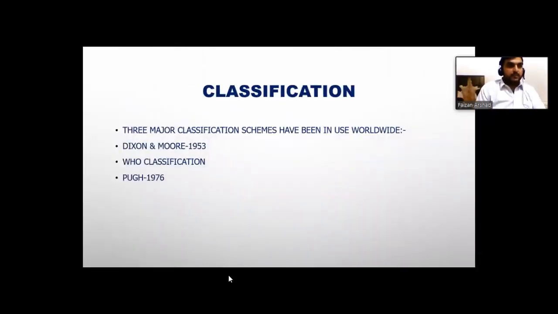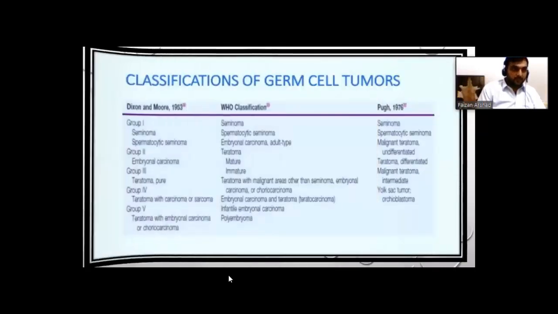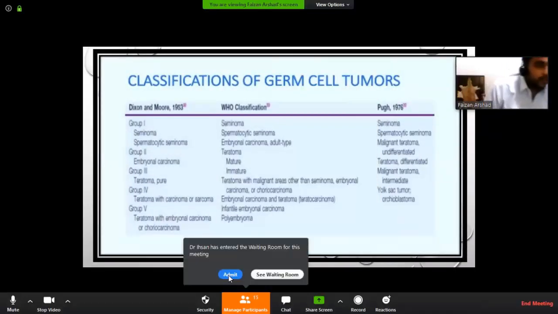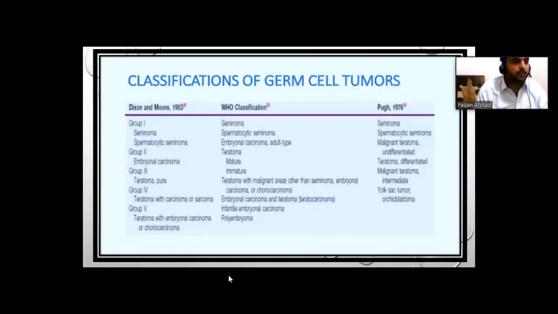Classification. Three major classification schemes have been in use worldwide: Dixon and Moore, which was devised in 1953, the WHO classification, and the PUG classification in 1976. Here's a table. I assume you can see all.